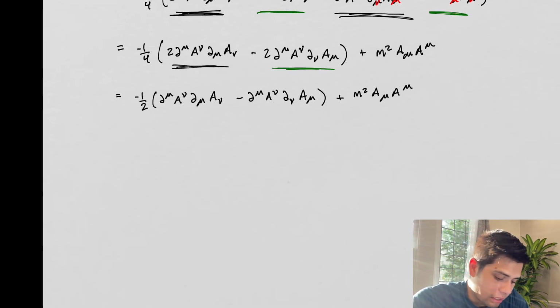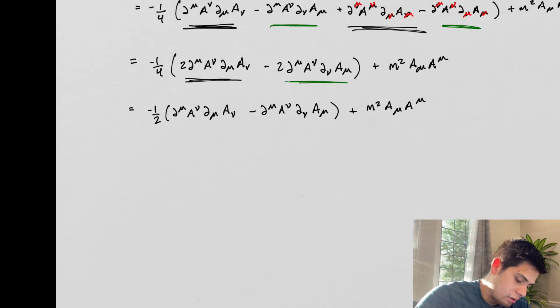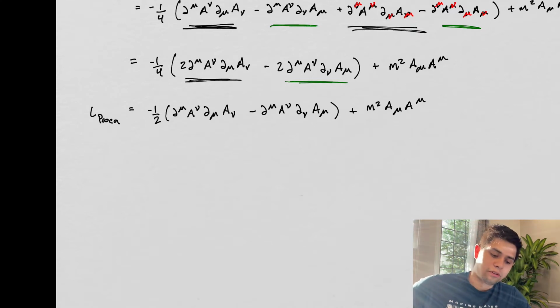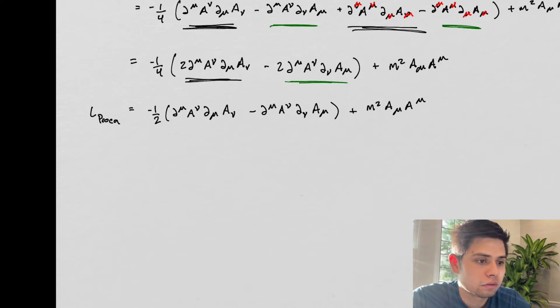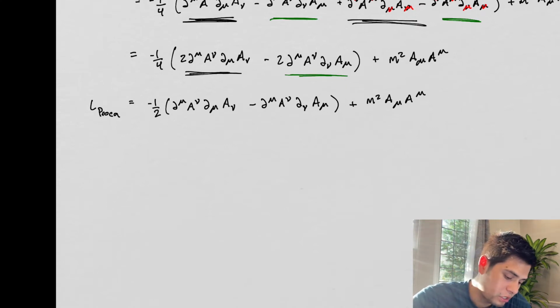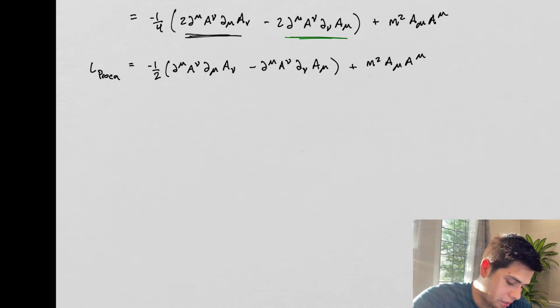Now, this is our Proca Lagrangian in terms of just our A's. Next is going to be to apply the Euler-Lagrange equations. So the Euler-Lagrange equation, if you recall, is dL/dA_rho.